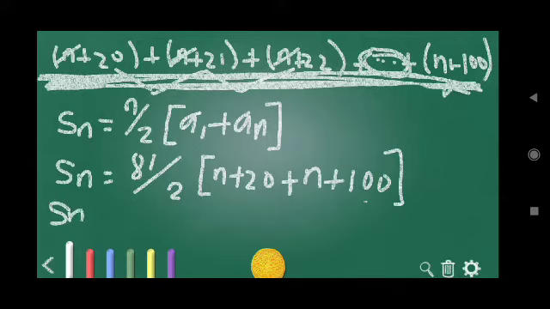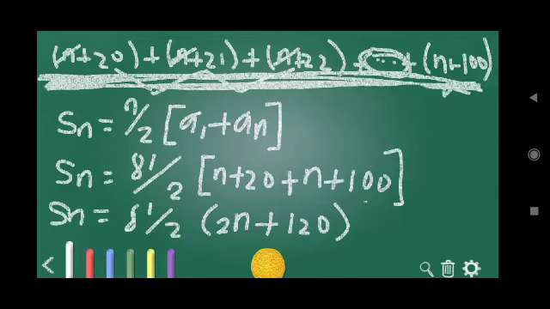Simplify that and it gives you S sub n equals 81 over 2 times n plus n is 2n, plus 20 plus 100 is 120. So you simplify that and S sub n is equal to 81 over 2. Then 2 is common in 120 and 2n, so we take out the 2 outside.